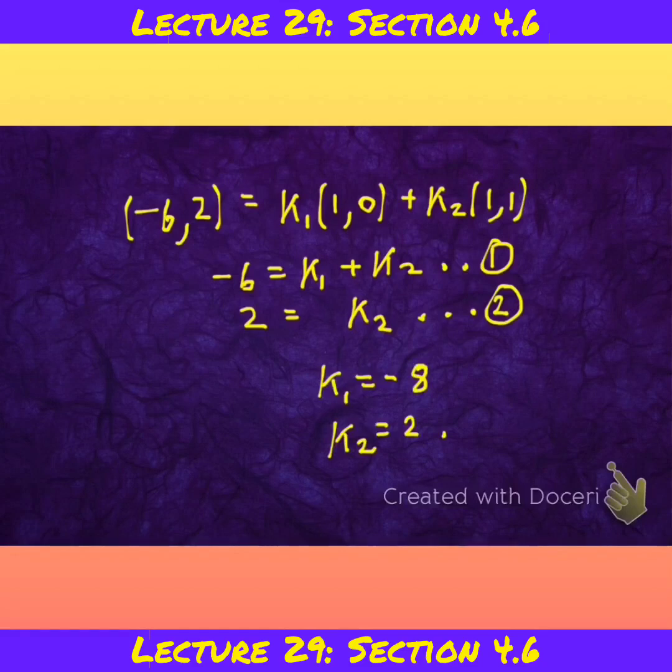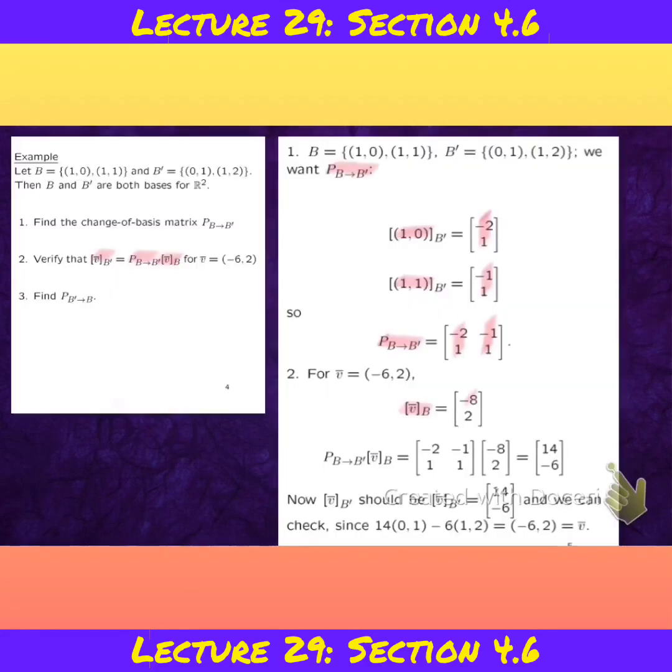So you can solve k1 as minus 8 and k2 as 2. Right, so there we've got our minus 8, 2, and then plugging in everything, that's the 2 by 2 matrix multiplied by that 2 by 1, and we get 14, minus 6.